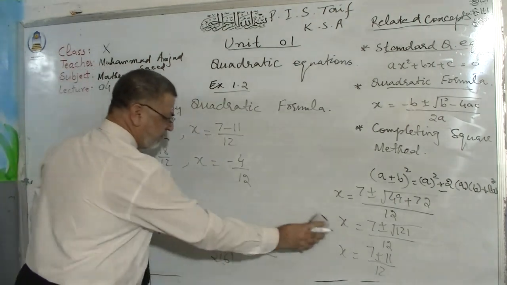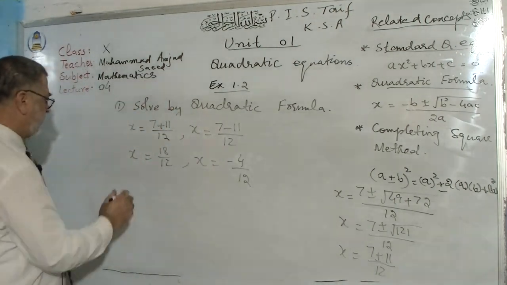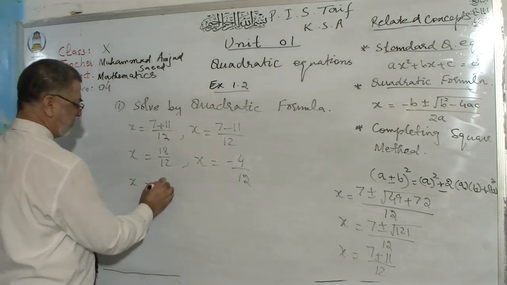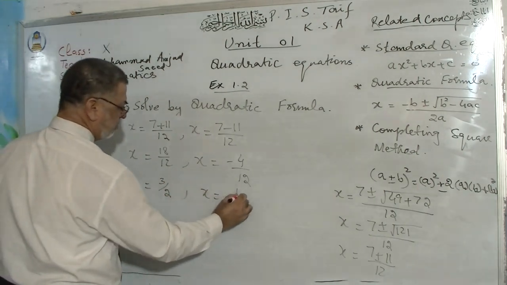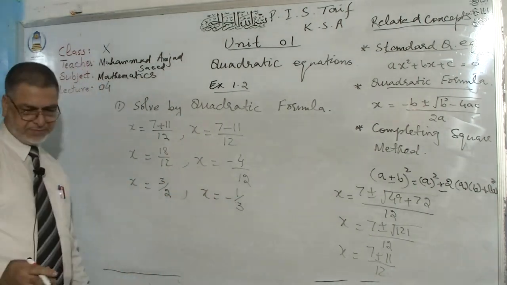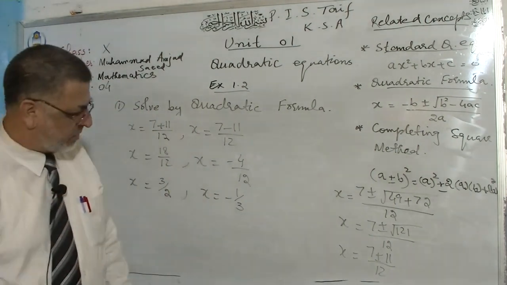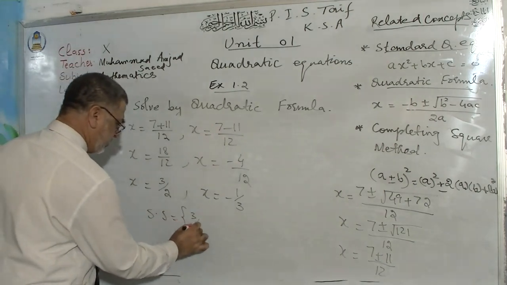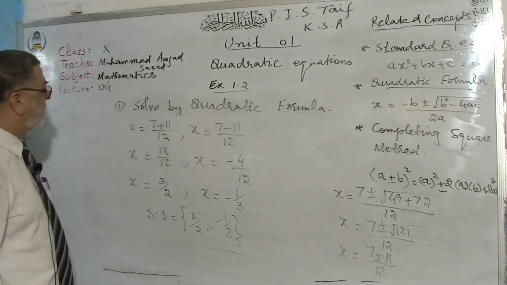Now your answer is x is equal to 3 over 2 and x is equal to minus 1 over 3. This is your solution set, 3 over 2 and minus 1 over 3. This is your part number 5.